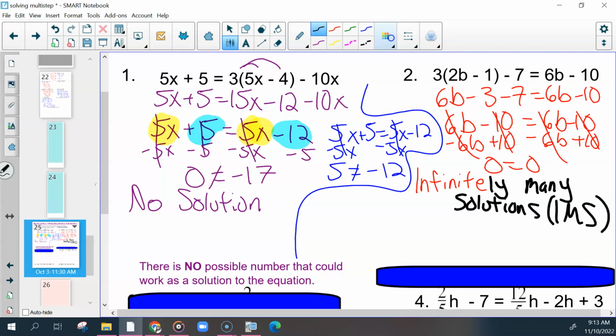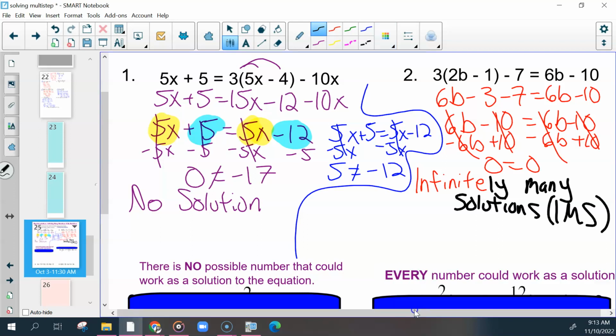And this is like the opposite of no solution. Where with no solution, you can't put in any number to ever check to see if it works. But with infinitely many, every single number works. 1.5, 100, 100.9, negative a million, all of the numbers that you can ever think of.